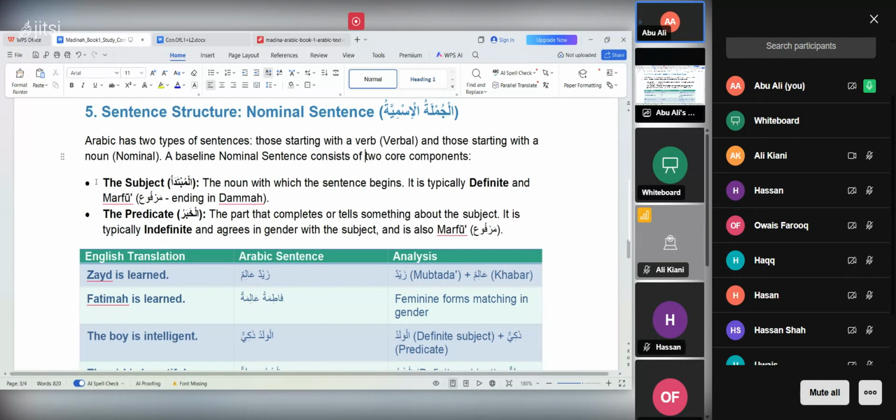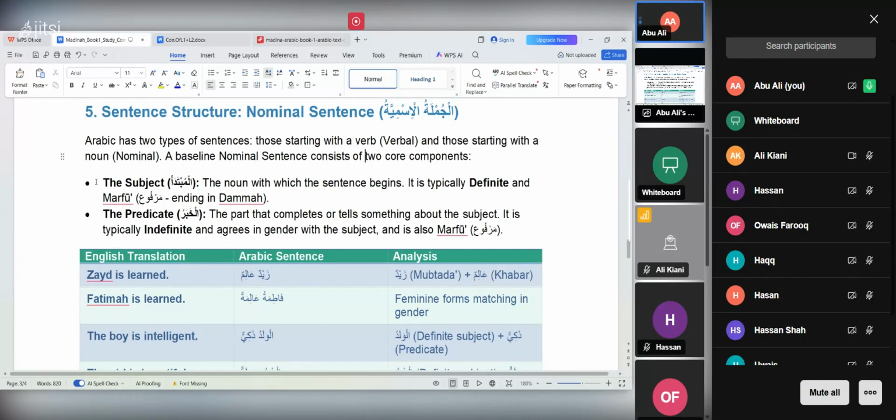Al-mubtada, with some exceptions, is definite. For our purposes, it's definite. The khabar, the predicate, which is the second part of the nominal sentence, is usually indefinite.